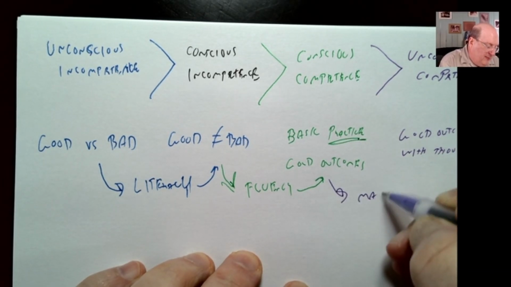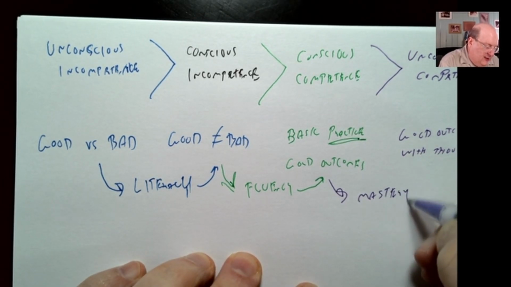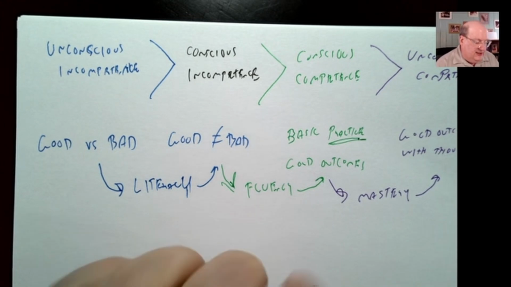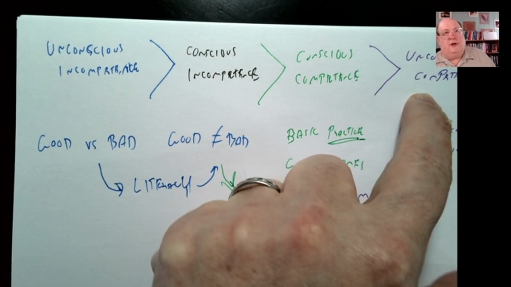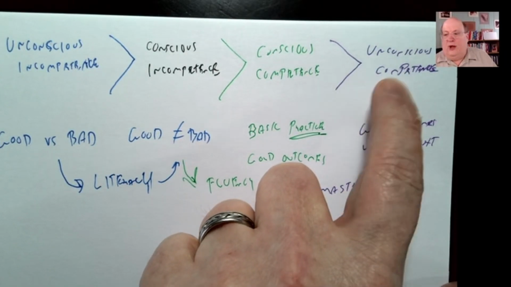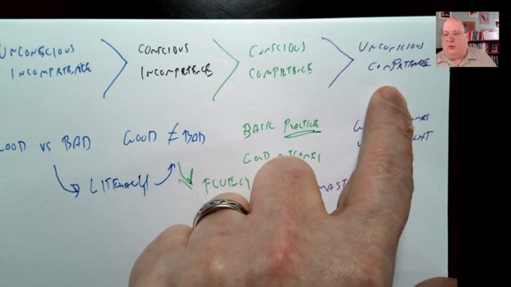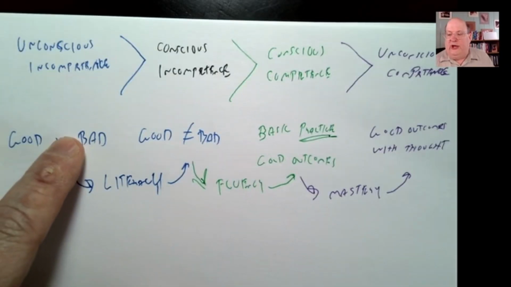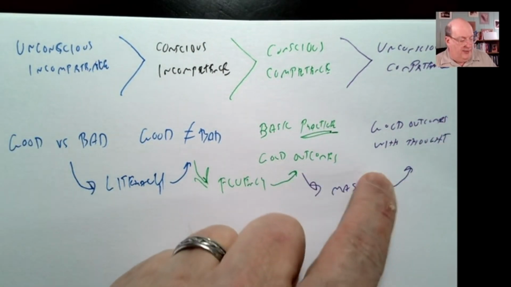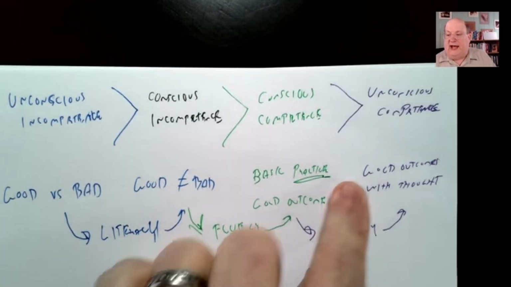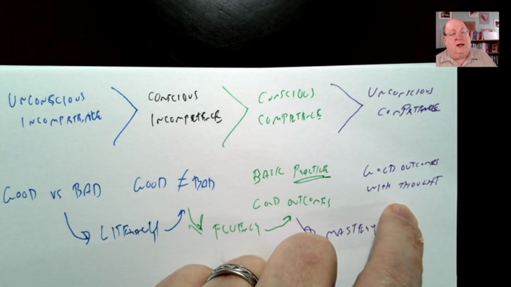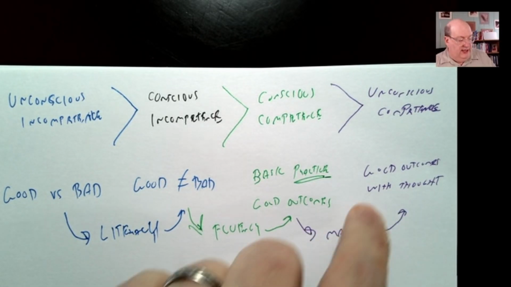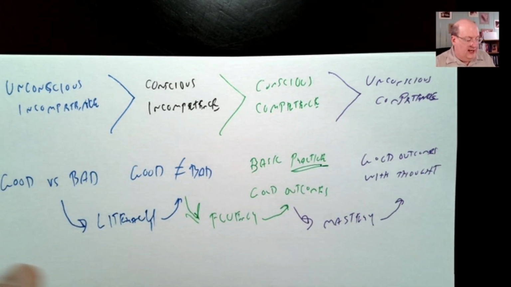That's what we call mastery, right? Because unconscious competence is really what we mean when we talk about mastering our craft, right? When we talk about mastering the craft, what we're doing here is we are, in fact, talking about what it means to have good outcomes, what it means to be able to really produce something that's effective.